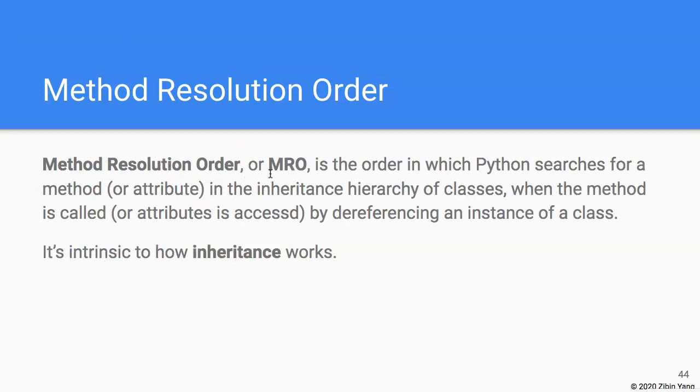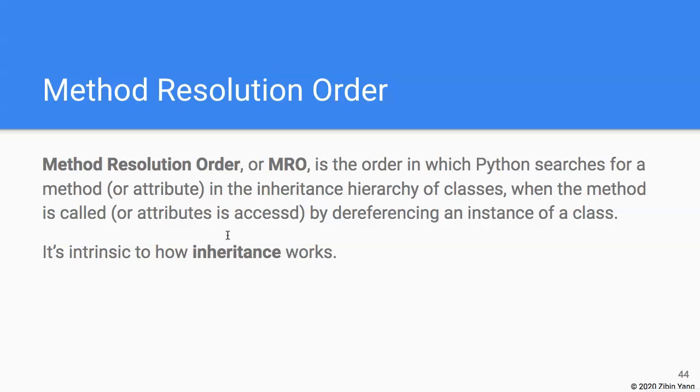So MRO is short for Method Resolution Order, and it is when we dereference an instance of a class and call some methods or access some attributes, the MRO is the order in which Python searches for that method or that attribute in the inheritance hierarchy of the classes.